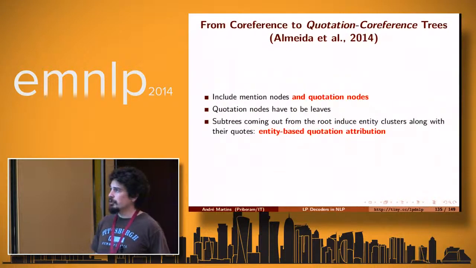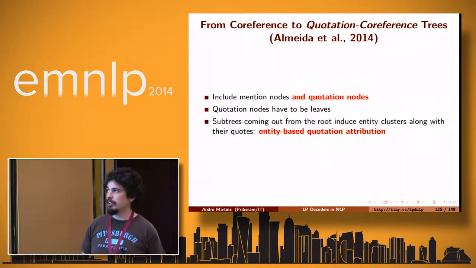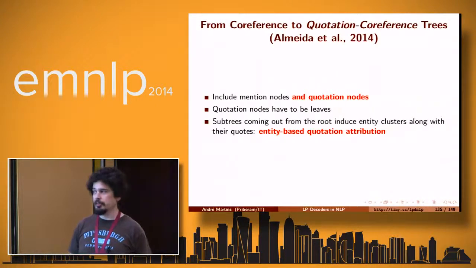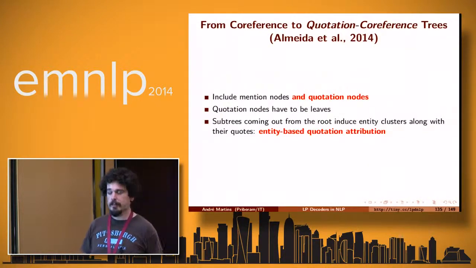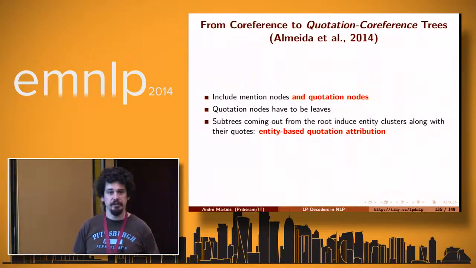All right, so what we do in this work is to use the same idea for building quotation coreference trees. Okay? The idea is extremely simple. We include mention nodes and also quotation nodes, and we constrain the quotation nodes to be leaves in the tree.